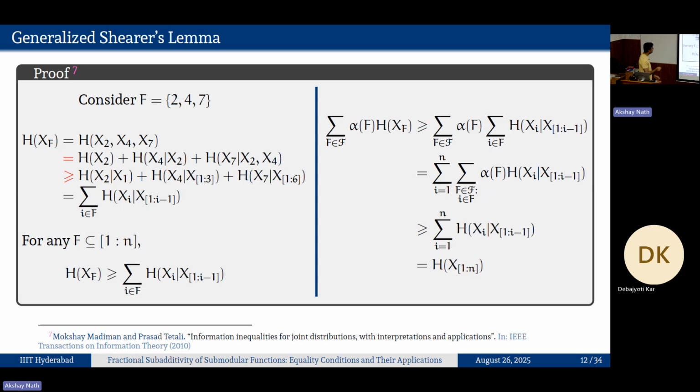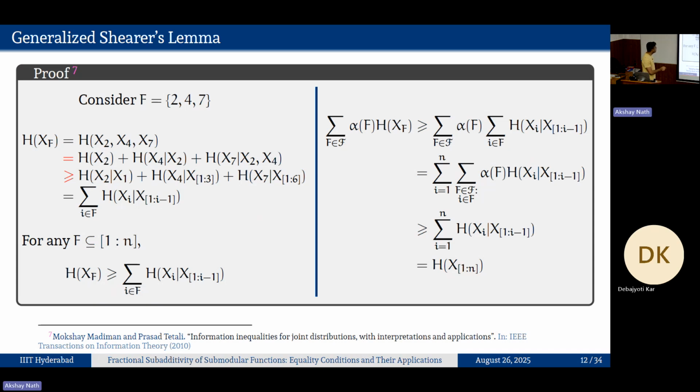Then I use this conditioning property of entropy. If you look at the initial chain rule, it says h of x1 to n is the summation over h of xi conditioned on all random variables up to index i minus 1. So I need to bring that in here.